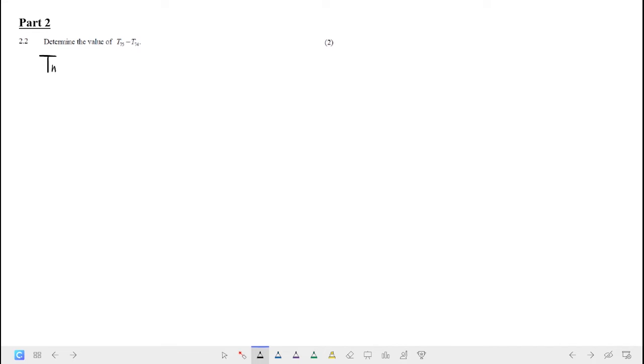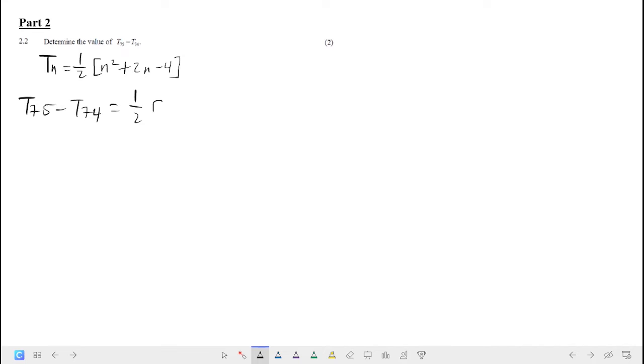Now here Tn is 1 over 2 into n squared plus 2n minus 4. Now the value for t75 minus t74, we're going to substitute into the formula.